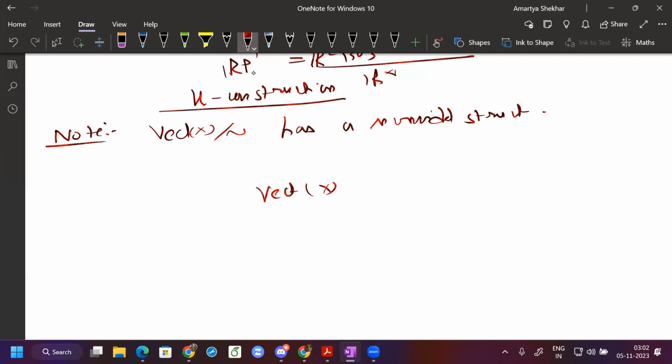So this is my Whitney sum, and this is a monoid.